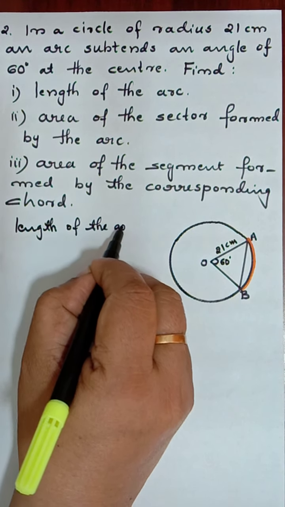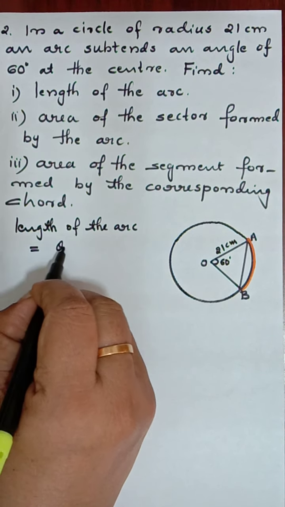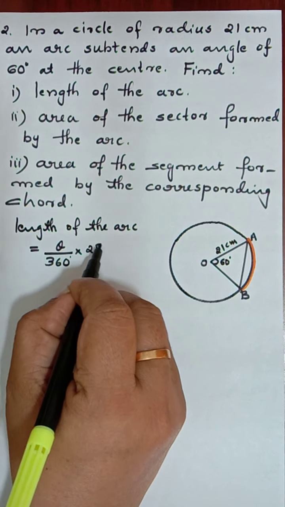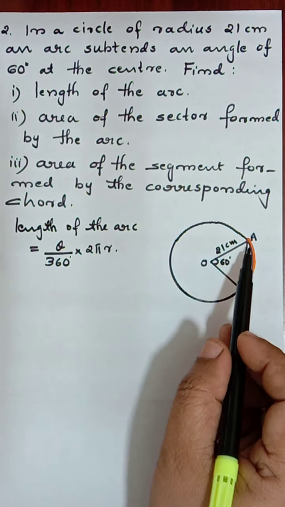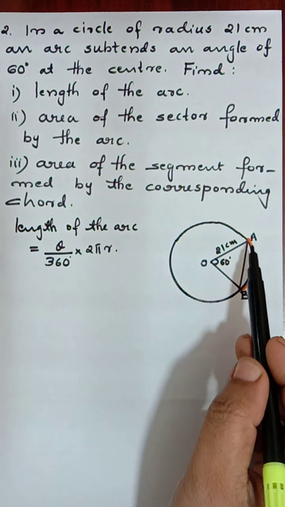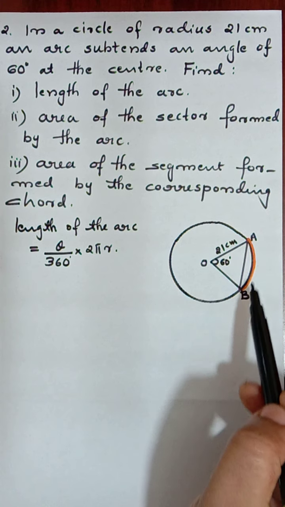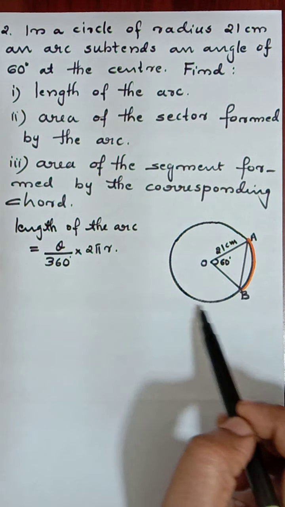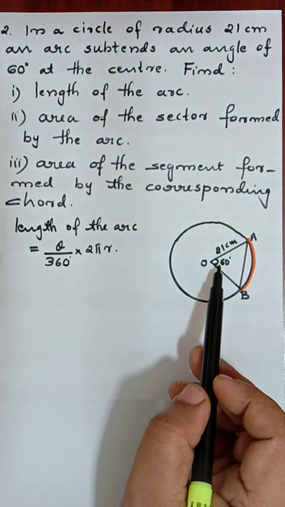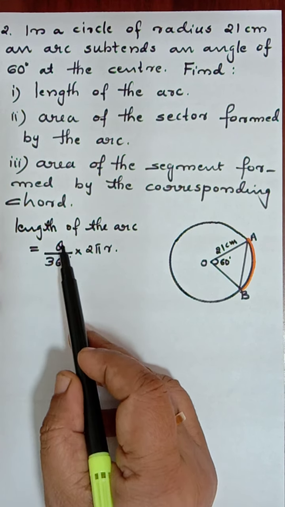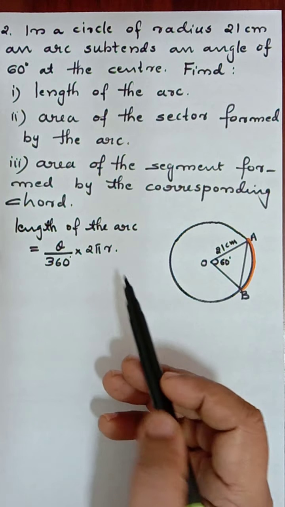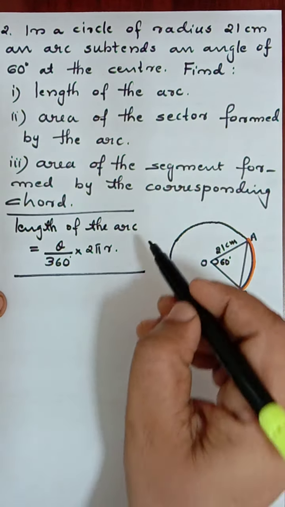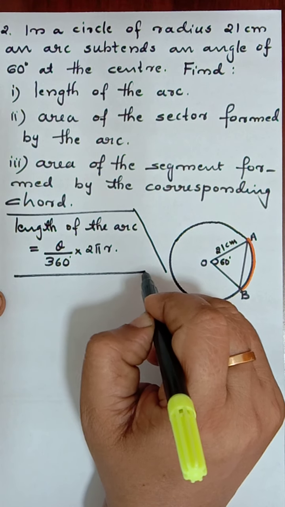Length of the arc, that is theta by 360 into 2 pi r. Why is it so? This 2 pi r is the circumference of circle, and this arc length AB, minor arc, is a part of 2 pi r. That's why we are taking like this. So 60 by 360. Here theta by 360 into 2 pi r is the formula. You have to learn the formula by heart. Length of the arc, theta by 360 into 2 pi r.